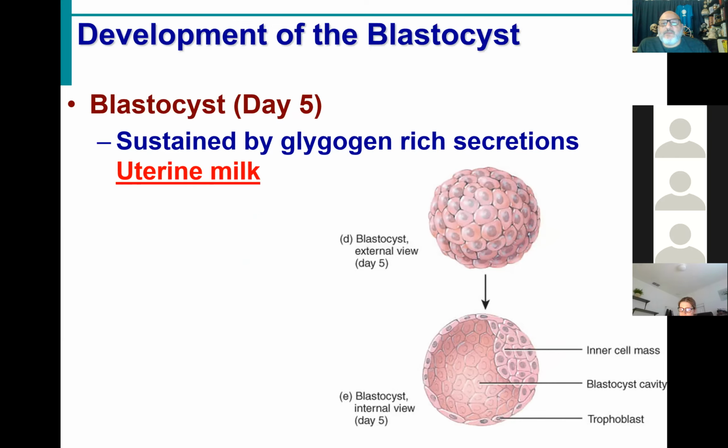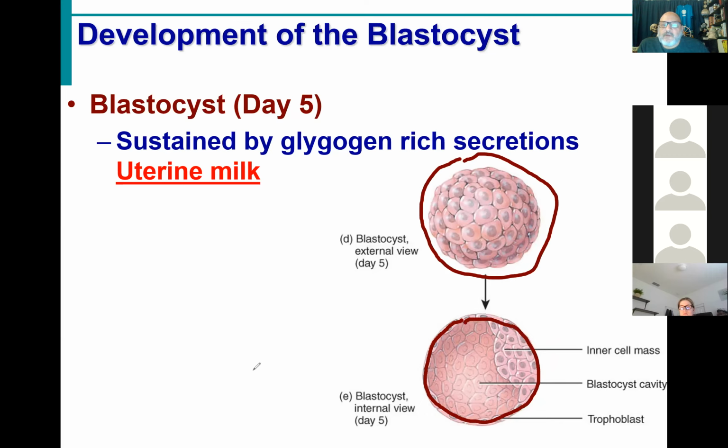Notice, as we look at the blastocyst from the outer structure, it looks like a solid ball of cells. But in fact, if we were to cut it in half and look inside, we see that that is not the case. What we're seeing from the outer surface is a solid layer of cells that are forming the outer structure of the blastocyst.